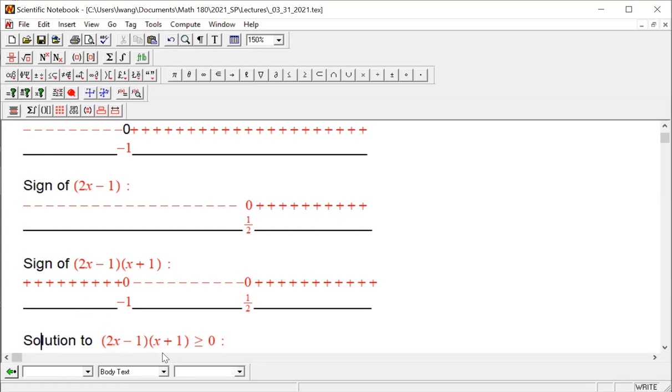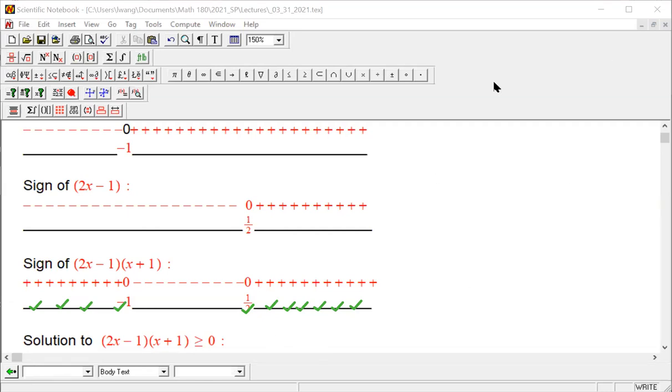We want the product to be larger than or equal to 0. So where do we see larger than 0? Larger than 0, positive. Equal to 0 here, right? So all of these numbers will be the solutions.